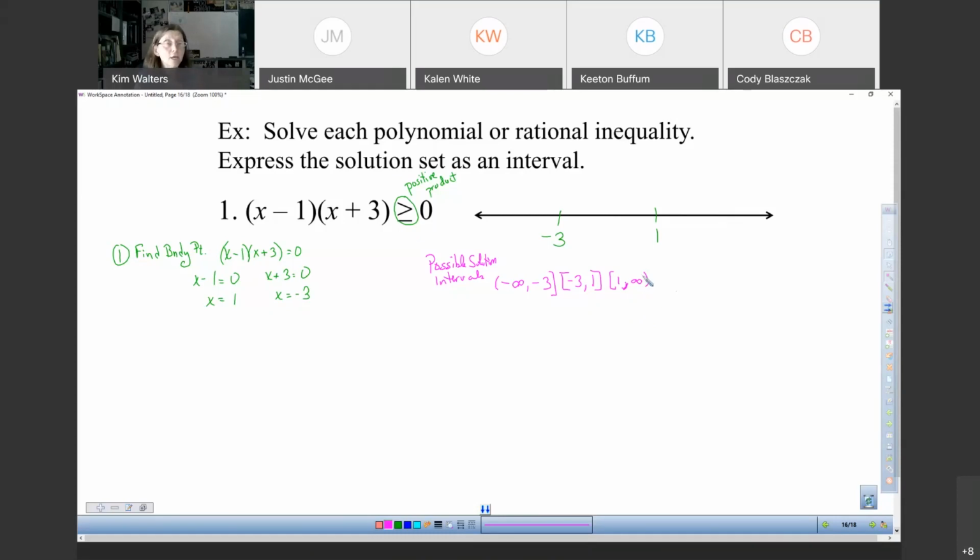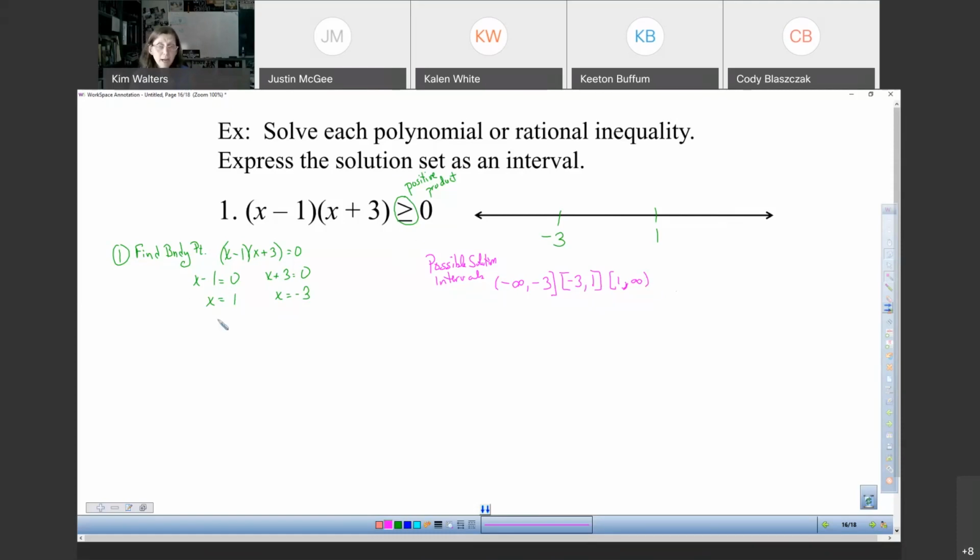Somehow, some way, your solution is going to be listed up here. So if it's multiple choice and you see numbers that don't look like this, they're not going to be part of the solution, okay? If you're typing in the answer, you know that one or two or three of these is what your solution is going to look like. So I just think it helps you to be organized.